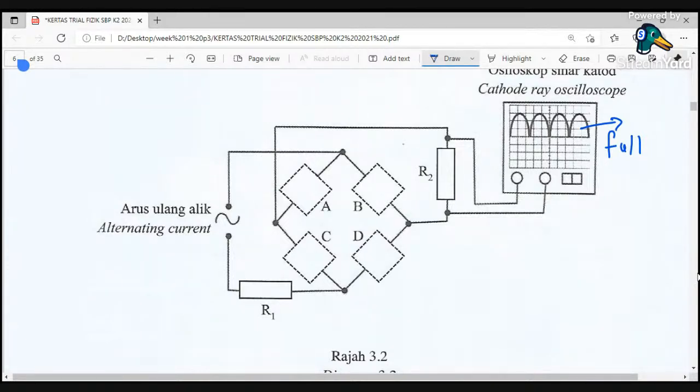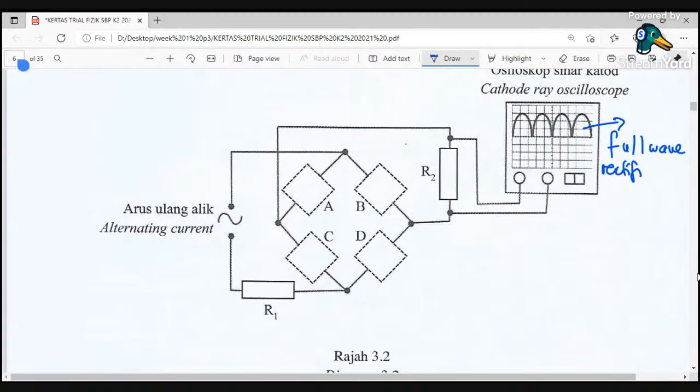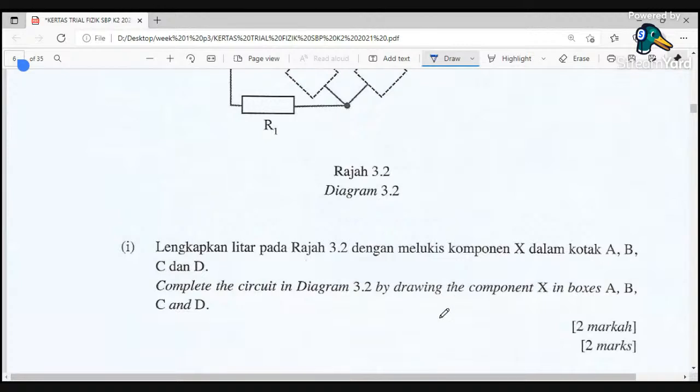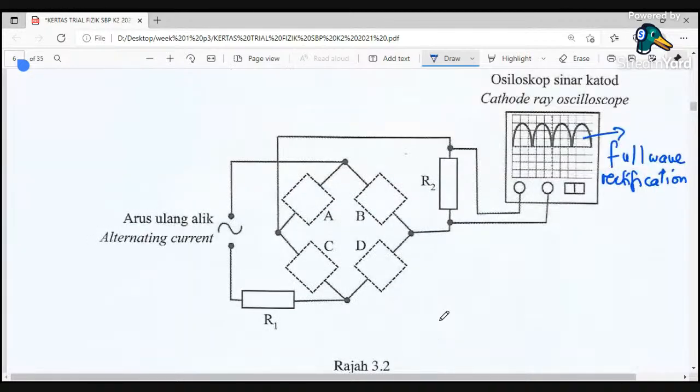Full wave rectification. Complete the circuit by drawing component X in boxes A, B, C, D. You must draw diode.